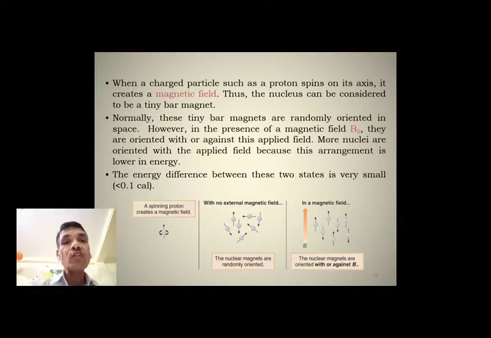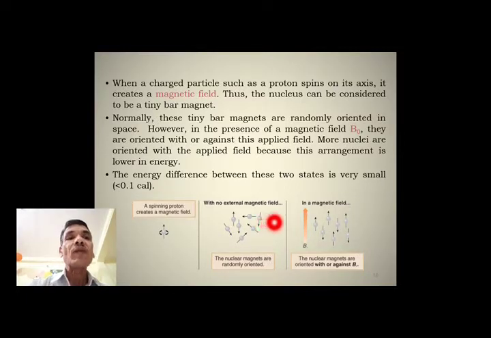Here it is shown in this figure a spinning proton creating a magnetic field, and with no externally applied magnetic field their spinning axis is in random motion. The nuclear magnets are randomly oriented in space in all directions.